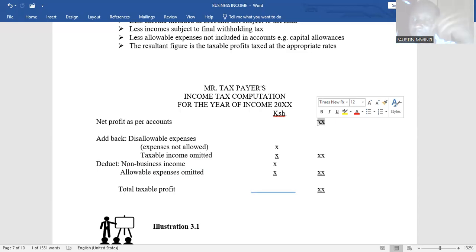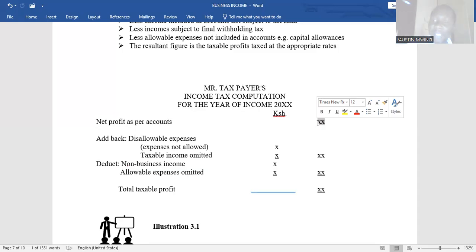In the income statement that is prepared for accounting, you deducted those expenses and they should be deducted. So we don't make any adjustment for those expenses, okay? Because they were deducted and they should have been deducted.